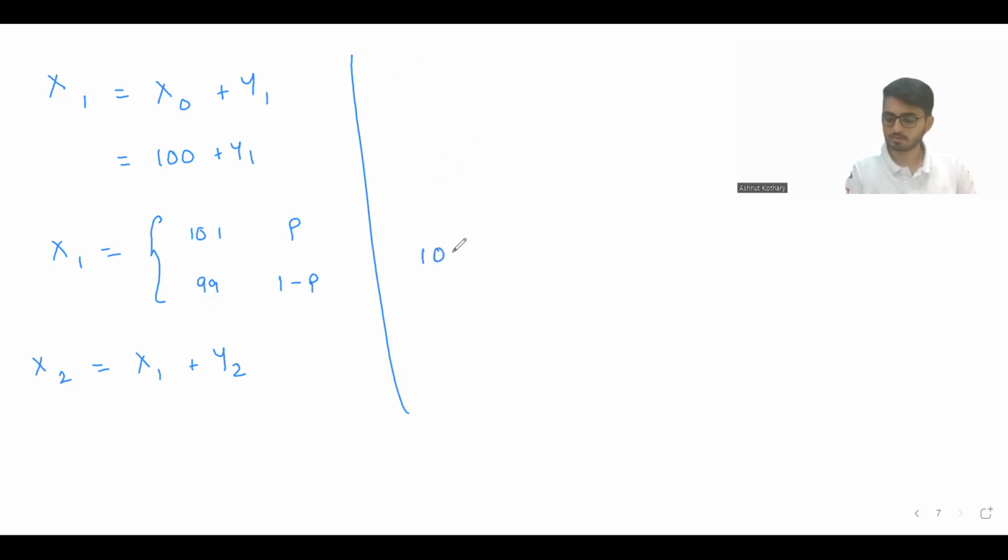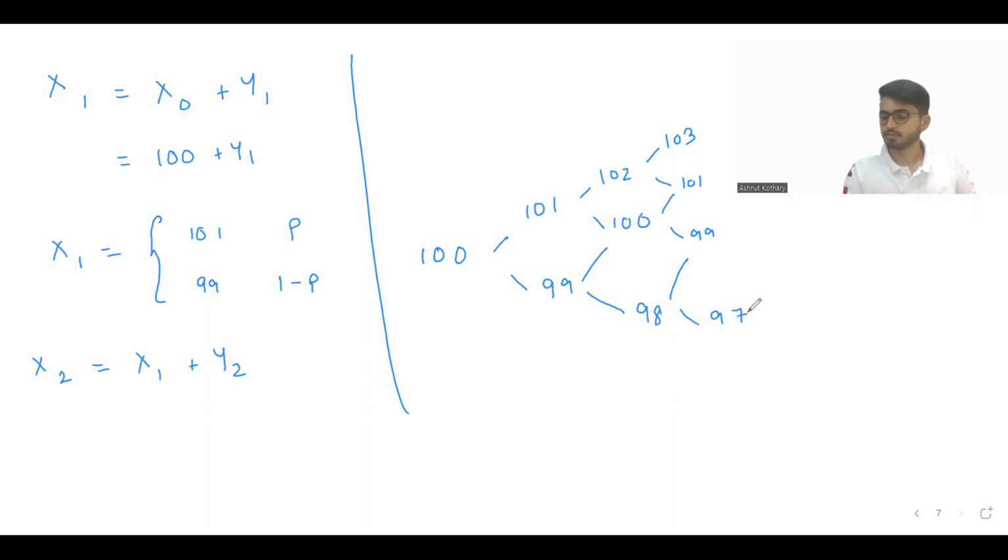This is 100. Next 101 or 99, 102 or 100, 100 or 98, 103, 101, 99, 97, 104, 102, 100, 98, 96.